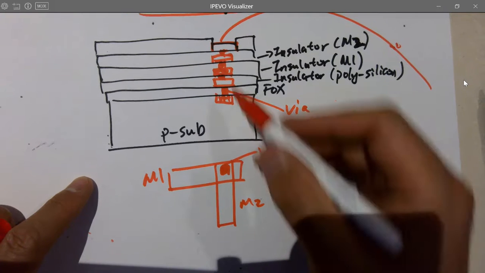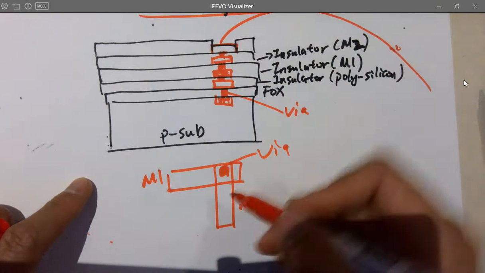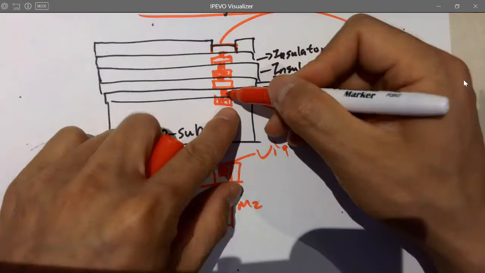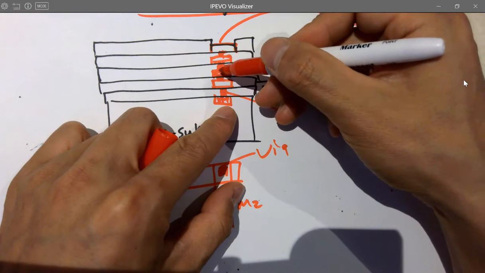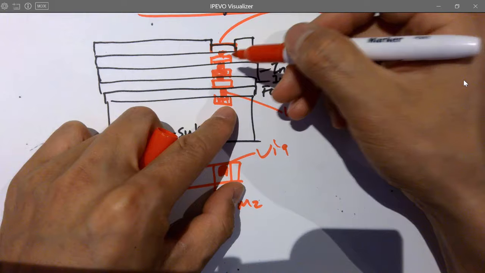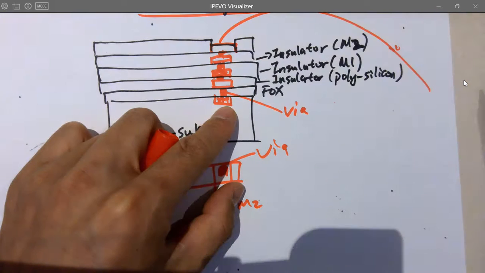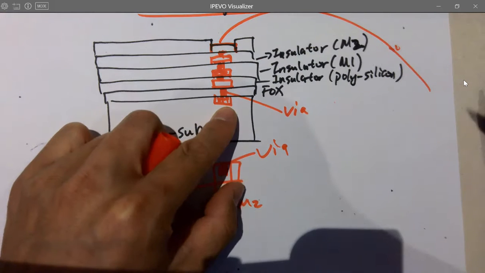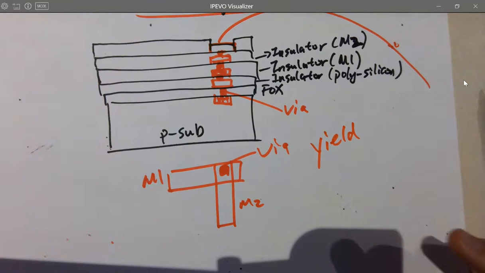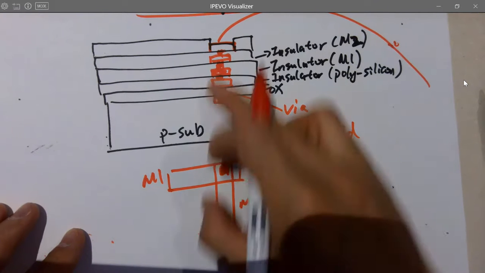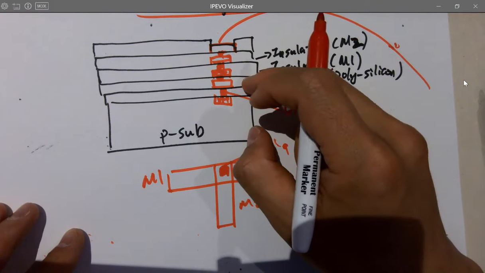But not directly, yeah, you are right. You don't want to just directly stack or pile up all the vias on top of each other. You can do that theoretically, but it's going to reduce the yield, which is the rate you can get a good chip. Just not a good practice. Usually you don't do that.